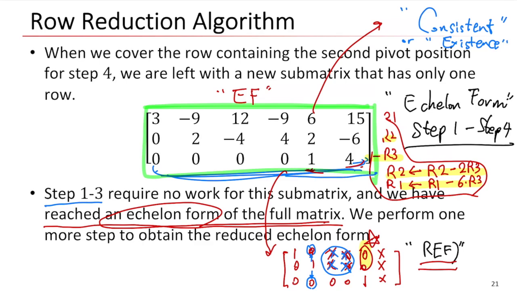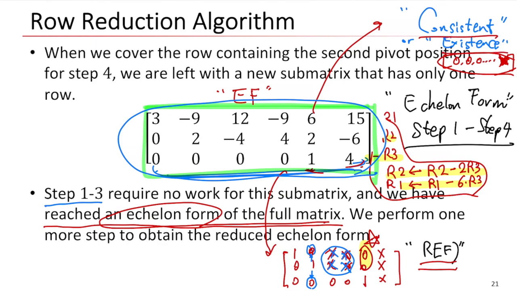Why? Because in the echelon form there is no row like 0, 0, 0, some kind of nonzero value. Because there is no row such as this, we can say that this matrix has a solution, right?